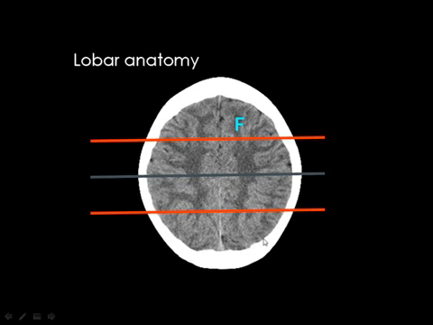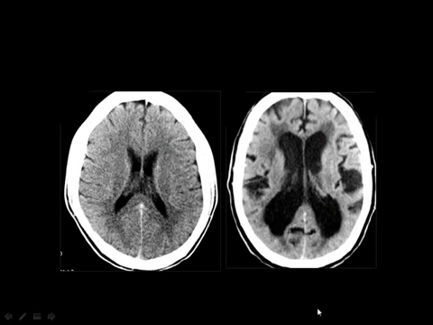Then you don't have the occipital lobe here, and also you don't have the temporal lobe, and the rest of the section will belong to the parietal lobe only. Then a part belongs to the frontal lobe, because the frontal lobe is very big and it extends up in the sections, and the rest of the sections will belong to the parietal lobe.